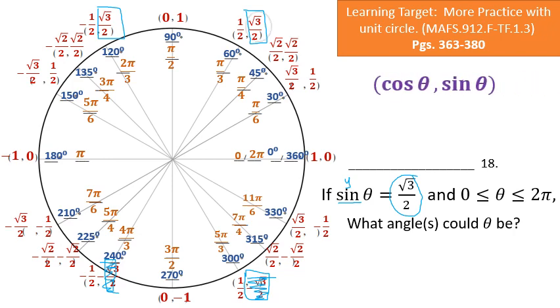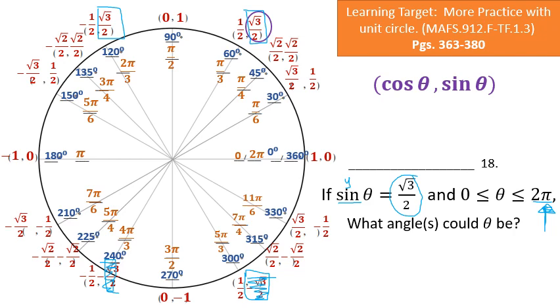Remember, cosine, sine is x and y. So there's the first one. What's that angle, in radians? If they give you, oh, they don't give it to you. Oh, so yes, they give it to you in radians. You see how they say that theta is between 0 and 2 pi? If you put 60 degrees on this, we're marking it wrong. They want that in radians because you can see 2 pi is radians.